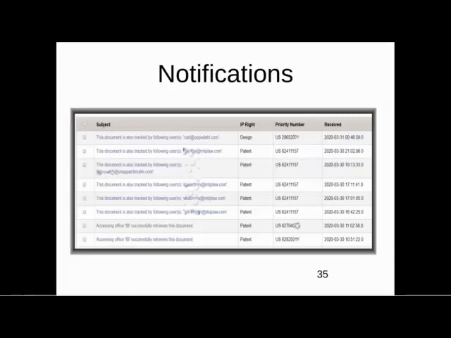For example, down toward the bottom, accessing office IB successfully retrieves this document, and this tells me that on March 30th, which is just yesterday, in the morning, WIPO, the International Bureau, successfully retrieved electronic certified copies of 2 provisional cases, 62/something and 62/something else, from the DAS system. That was for a PCT case that I filed. And that's the tripwire. That tells me that the IB really did retrieve those 2 electronic certified copies.